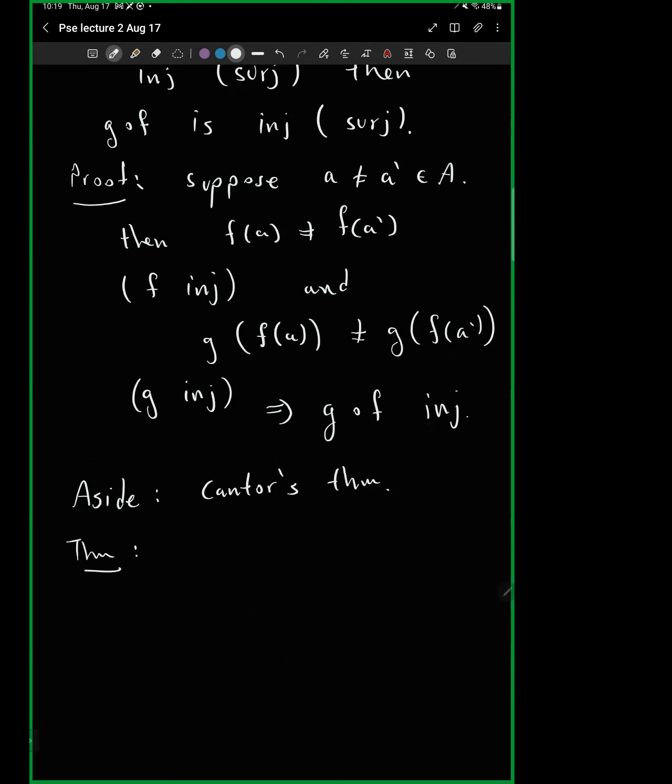And what it says is quite simply, there is no surjective map from the natural numbers to the real numbers. Before I go to the proof, are there any questions on what I said so far?